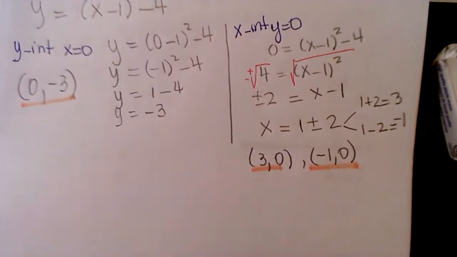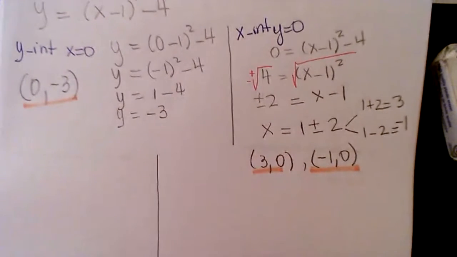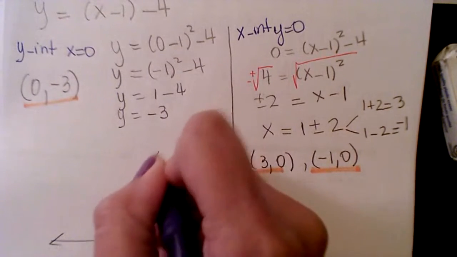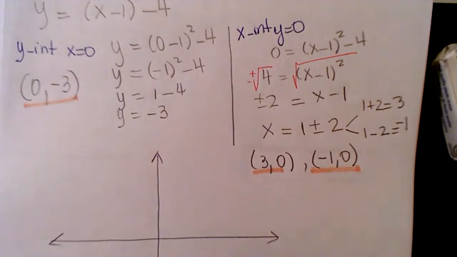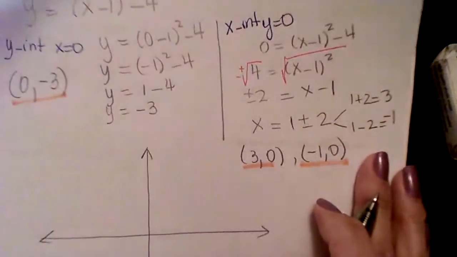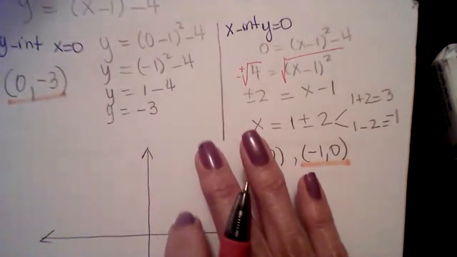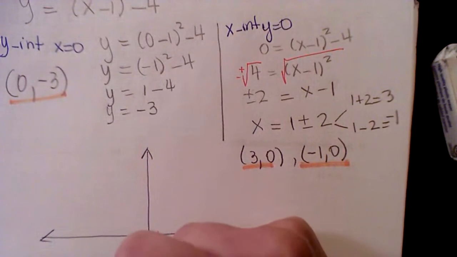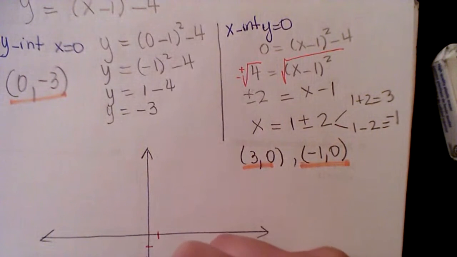So let's do it. We're going to use this information to sketch the graph. So the first one is going to be my vertex. My vertex was 1, negative 4. So it's 1, 1, 2, 3, 4. Right here. 1, negative 4.